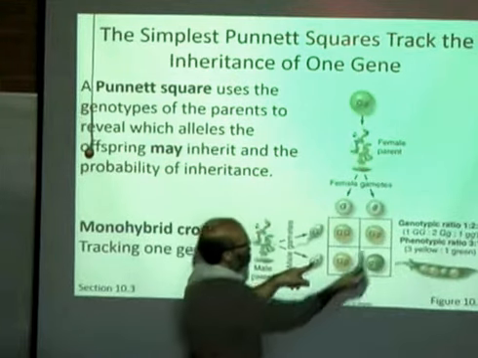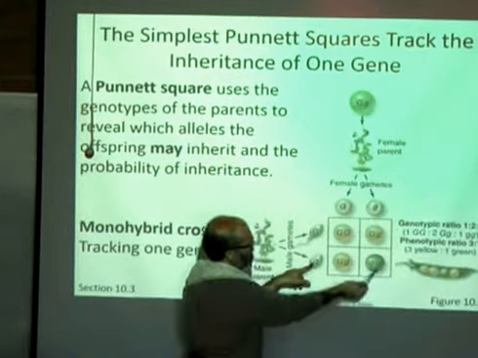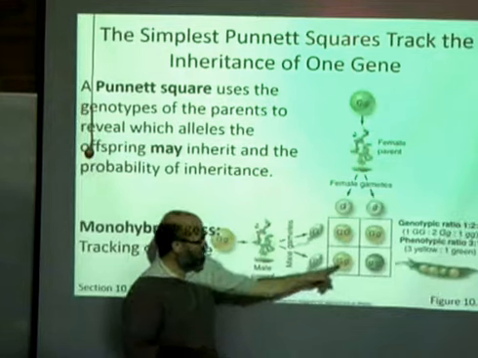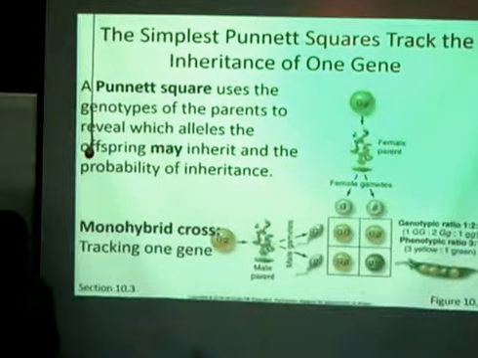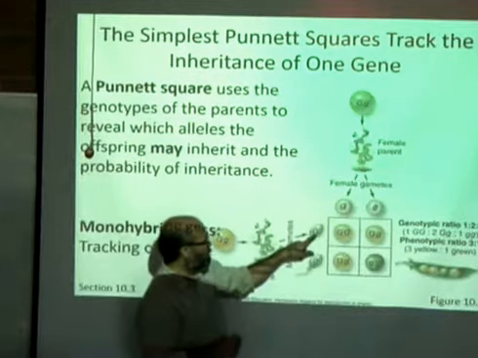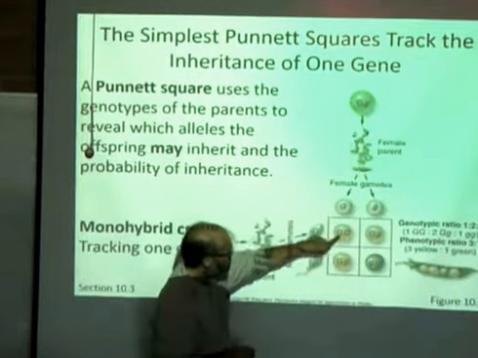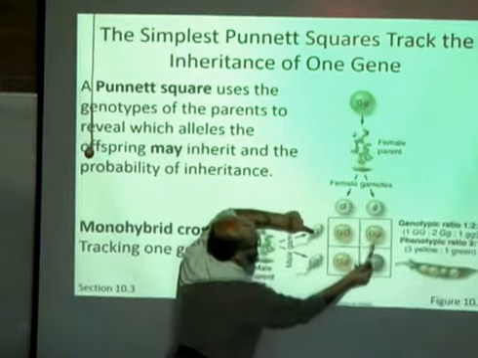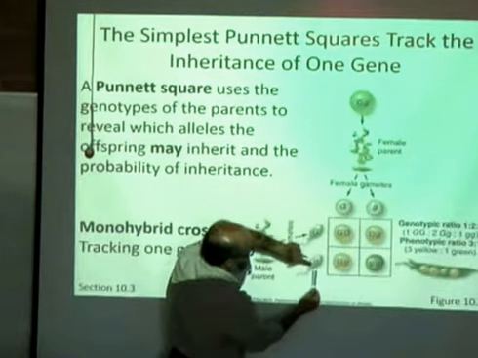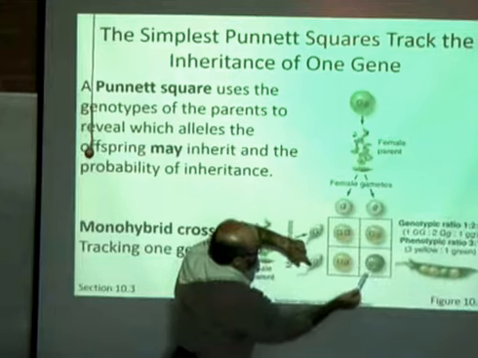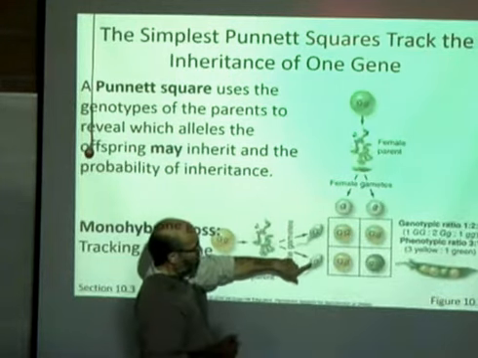If this fertilizes this, then this will result from it. And based on this genotype, you can estimate what type of phenotype will be produced. So this big G will produce this, big G, little g will produce this, little g, big G will produce this, and this little g will produce this type of offspring.